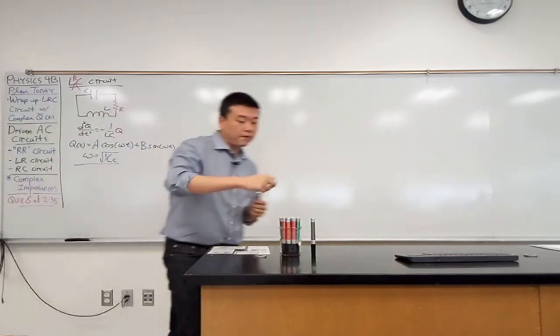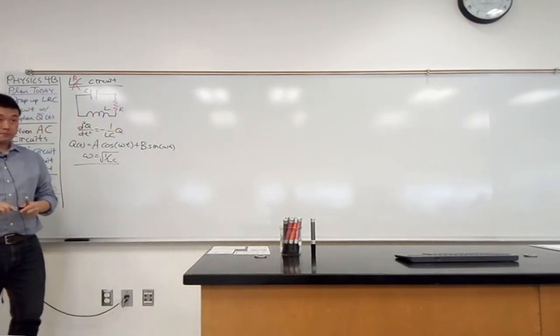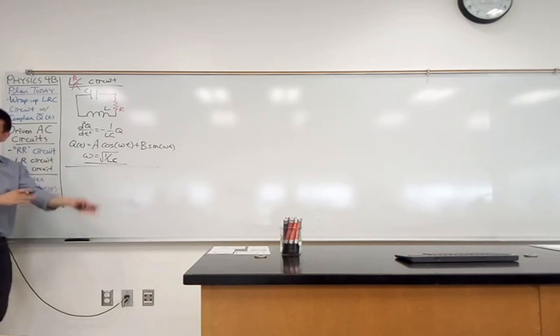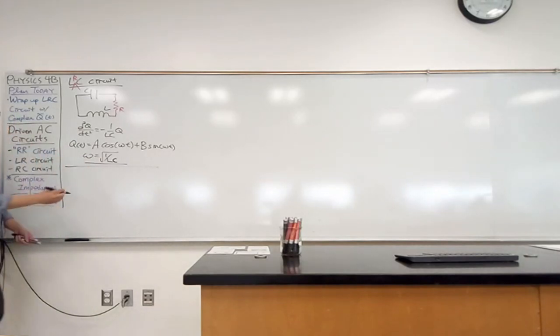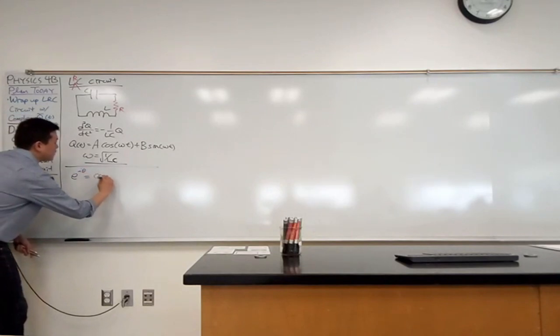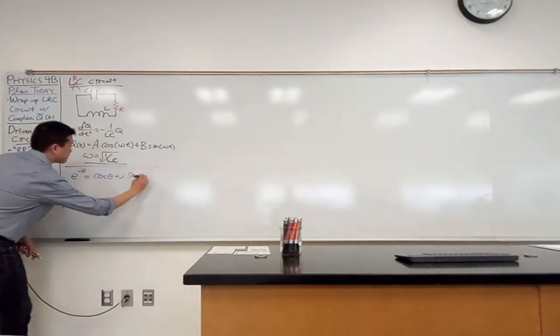So this is the motivation for introducing what we introduced the last time, complex exponentials. So as a reminder, what you have covered in pre-calculus is Euler's formula: e to the i theta is equal to cosine theta plus i sine theta.